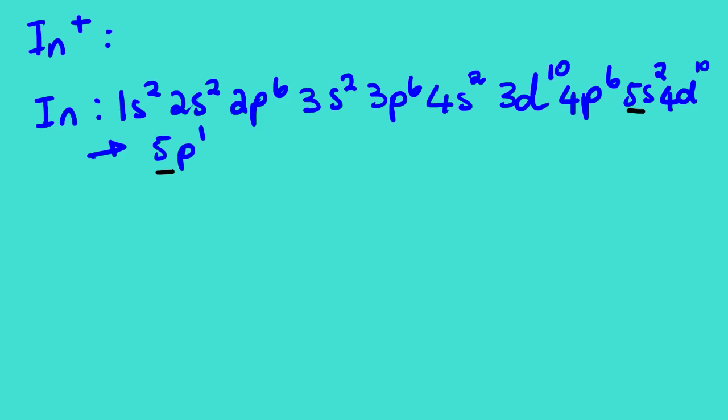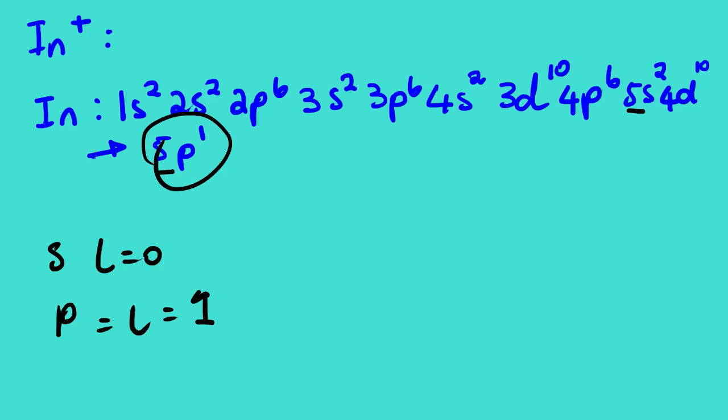So the principle, the angular momentum will tell us. For s orbital, we said L is equal to 0. For p orbital, L is equal to 1. So we don't have a choice but to remove it here. So we can write everything without this part.